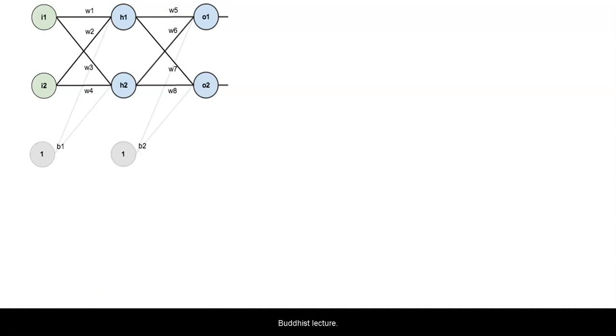For this lecture, we will use a neural network as shown in this slide, which has two inputs, I1 and I2, a hidden layer with two neurons H1 and H2, and an output layer with again two neurons O1 and O2.